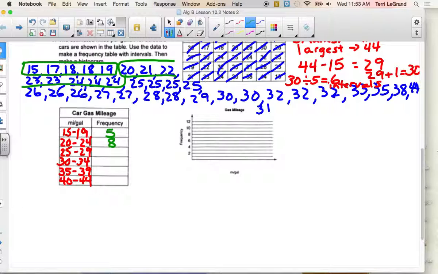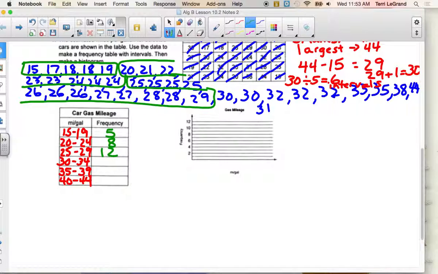I agree, 8. I need all the ones from 25 through 29. 12. So I got 1, 2, 3, 4, 5, 6, 7, 8, 9, 10, 11, 12.